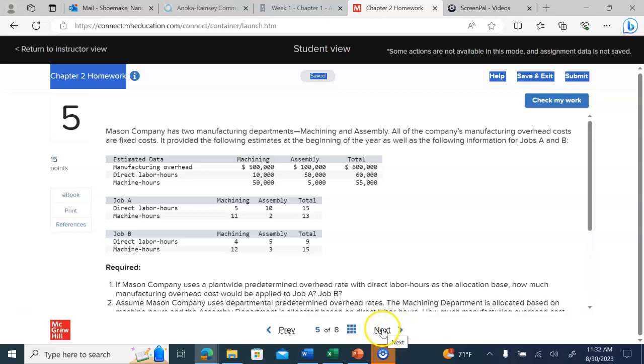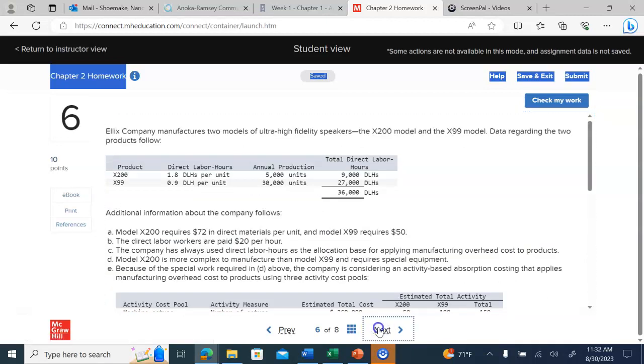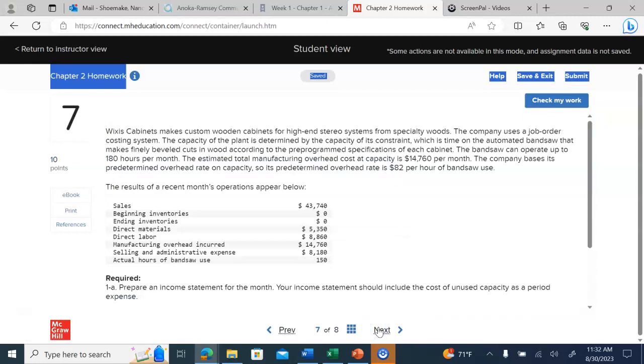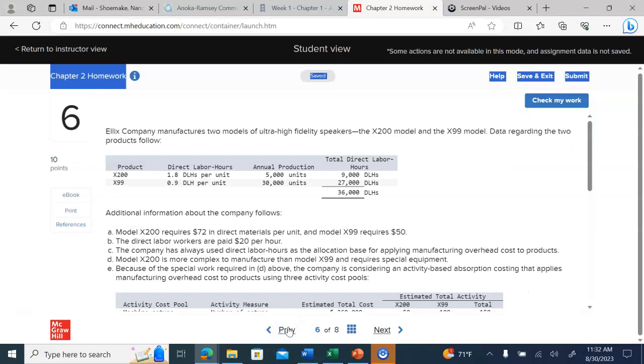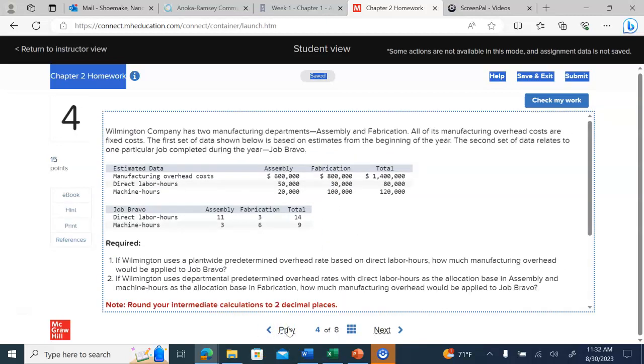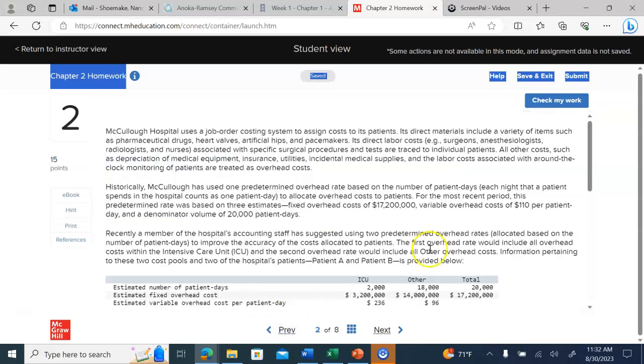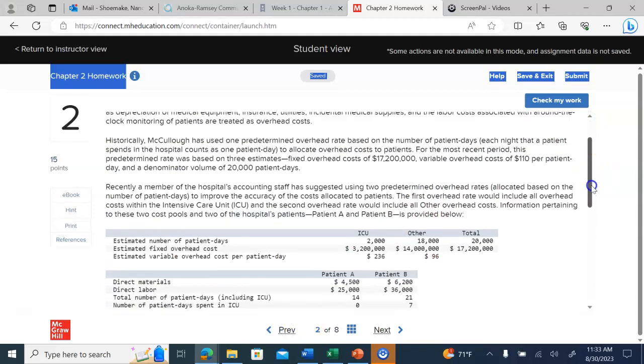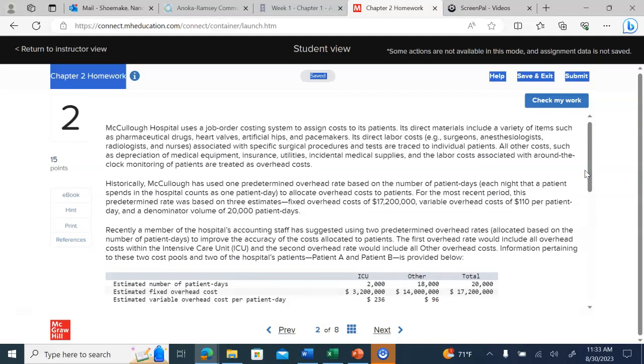We have one. Number 2 seems hard. Okay, we can do 2. Macaulay Hospital uses a job order costing system to assign costs to its patients.